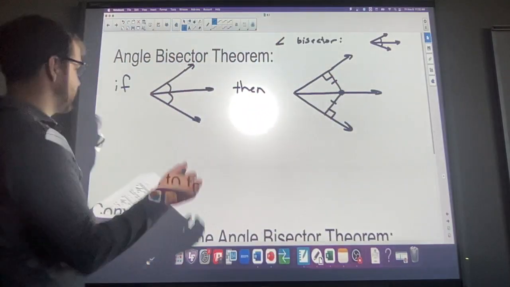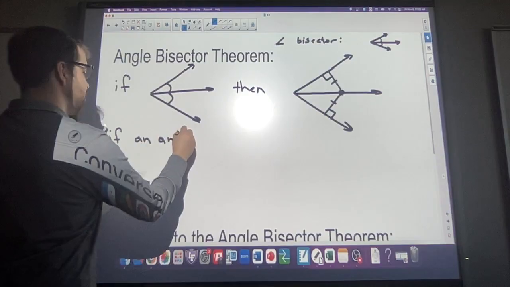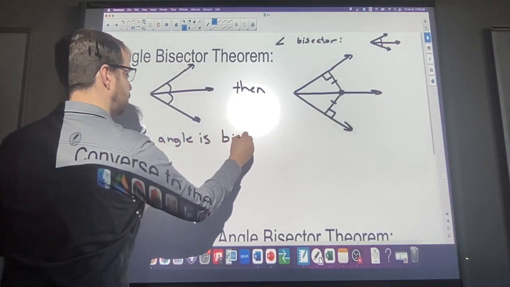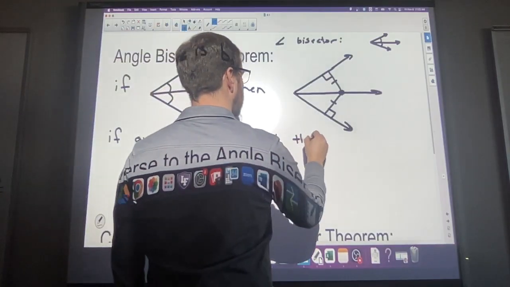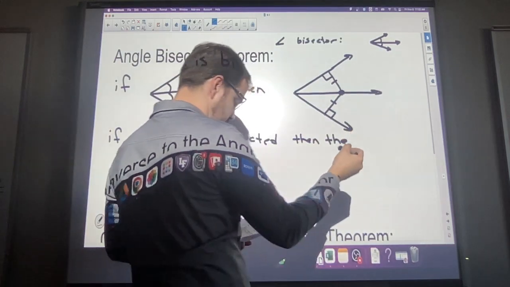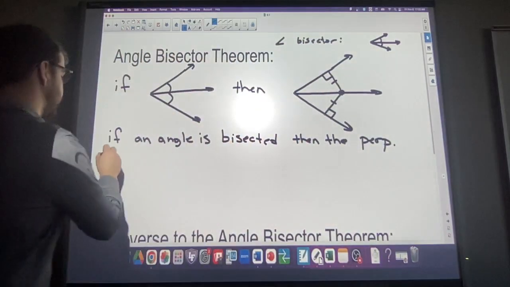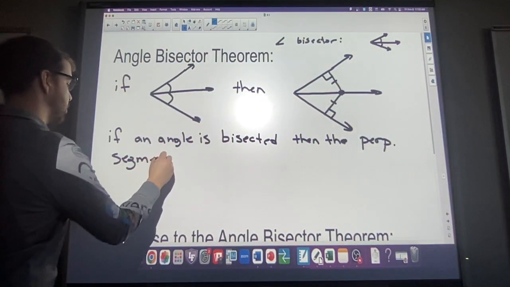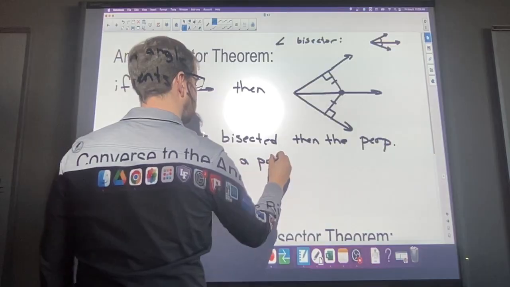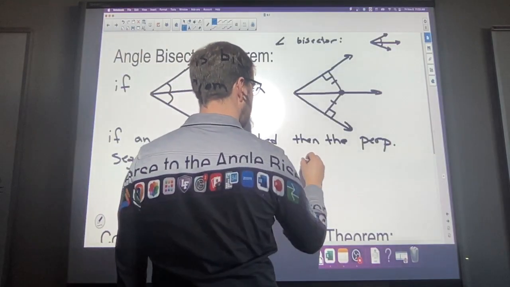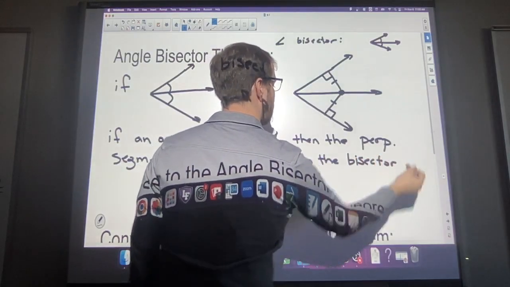All right, so let's write down our definition. If an angle is bisected, then the perpendicular segments from a point on the bisector are congruent.